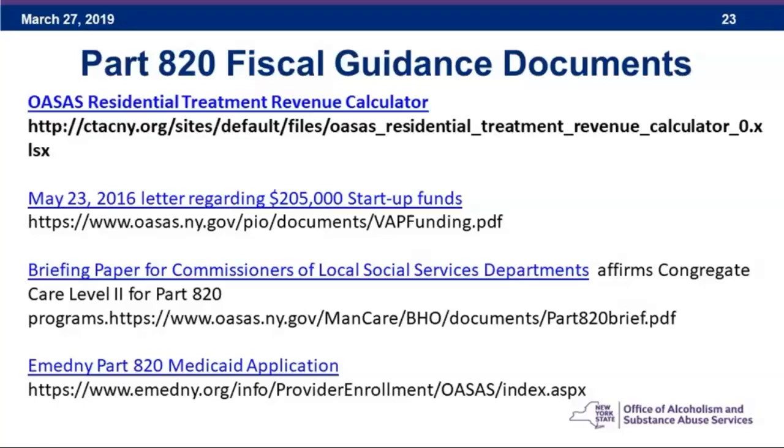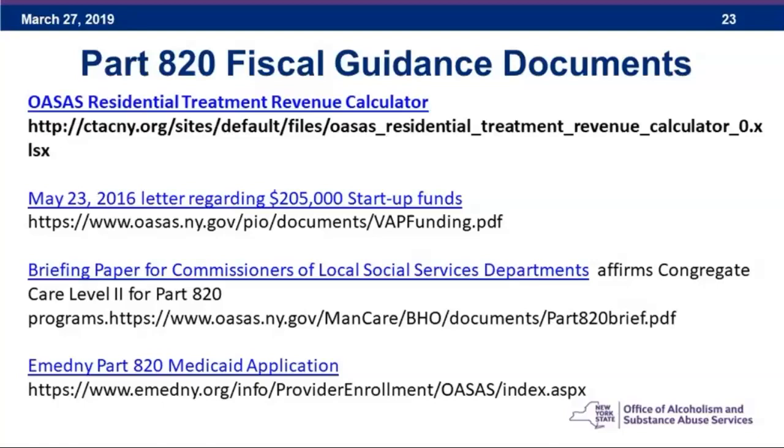The next thing is that link that I talked about earlier where there is the ability to secure $205,000 startup funds for the stabilization and the rehabilitation elements. I would encourage people to take a look at that particular document and understand that in order to secure the $205,000, you do need to have a New York State Medicaid provider ID number in place.